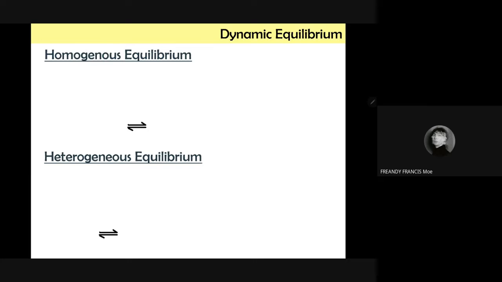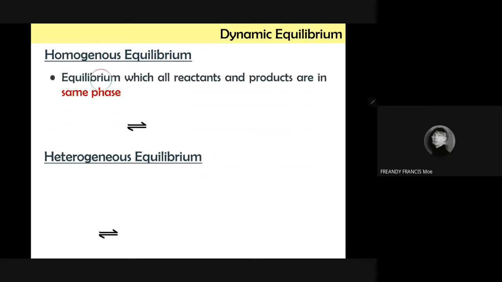Okay. Let's have a look at what homogeneous equilibrium is. So homogeneous equilibrium, it is an equilibrium in which all reactants and products are in same phase ataupun same state of matter. Jadi kalau gas, semua gas. Kalau liquid, semua liquid. Kalau solid, semua solid.